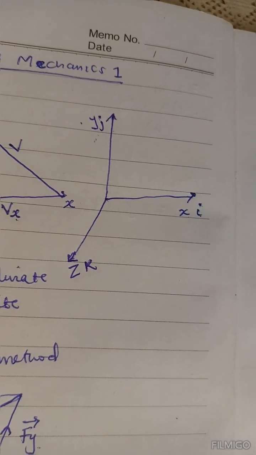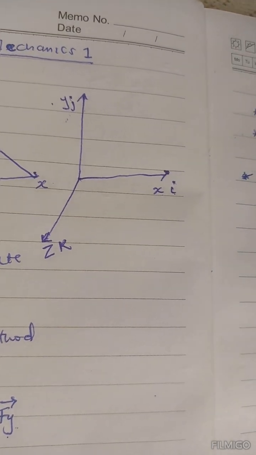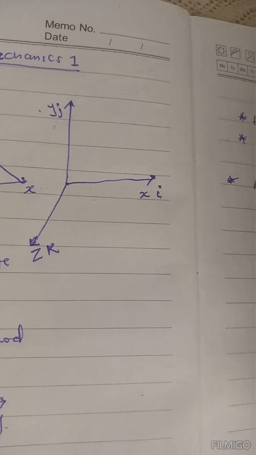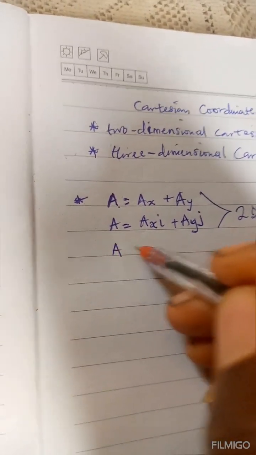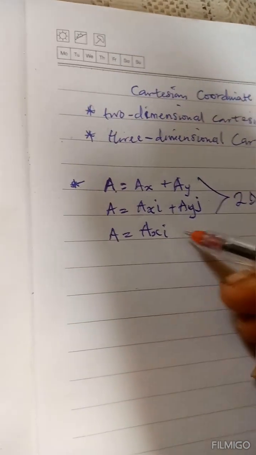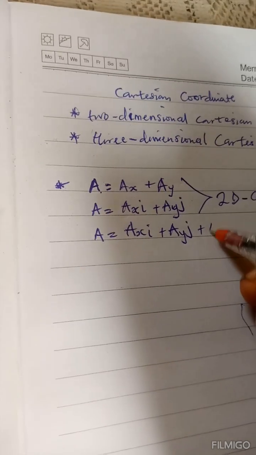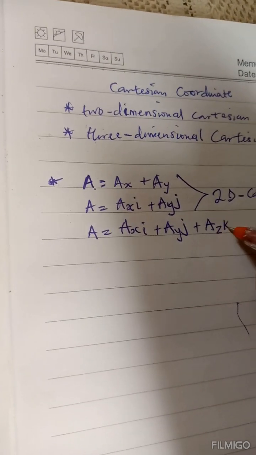So if I'm resolving vector A into three-dimensional coordinates, I'll have A equal AXi plus AYj plus AZk.